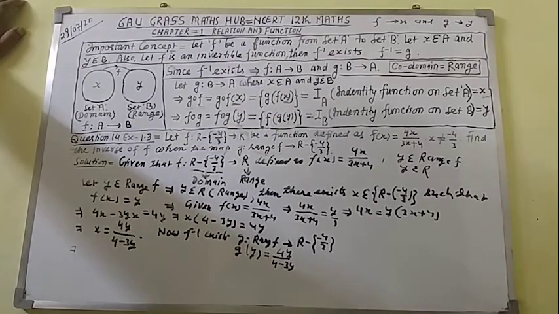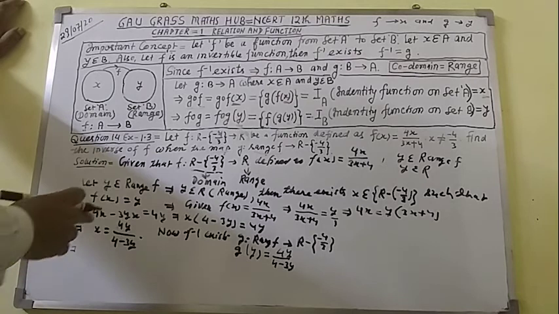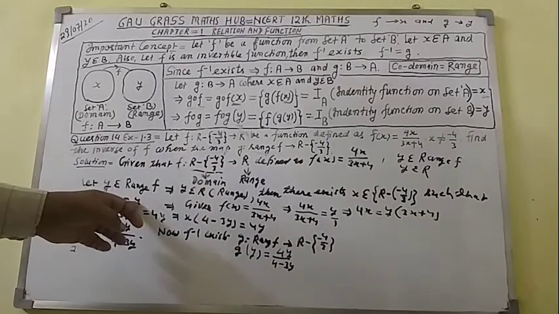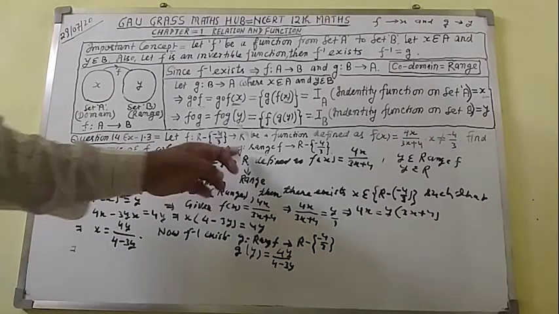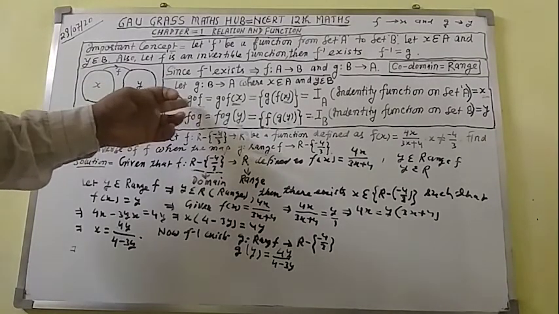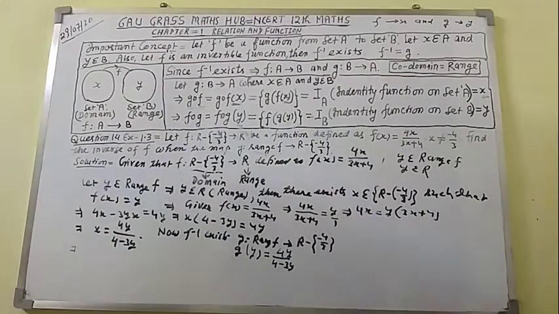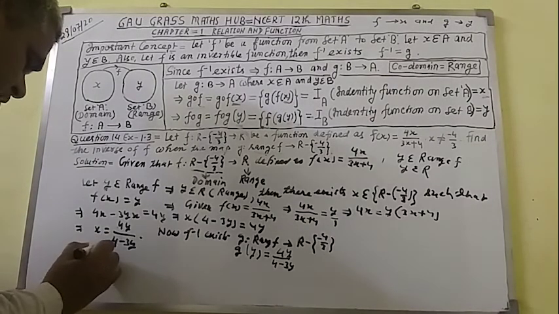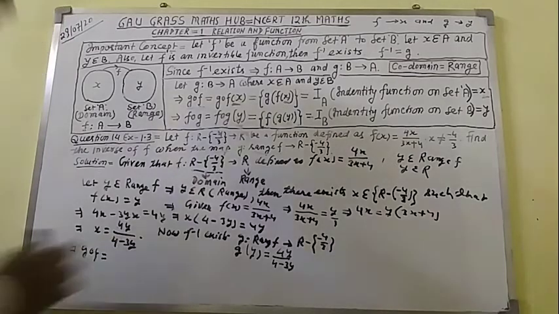x belongs to capital A, so here x belongs to this domain, and y will belong to range F. So here you have to prove gof equals x. So what to do here? Write here gof, the same statement.